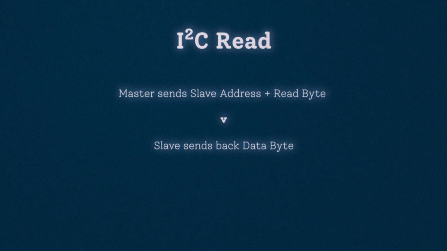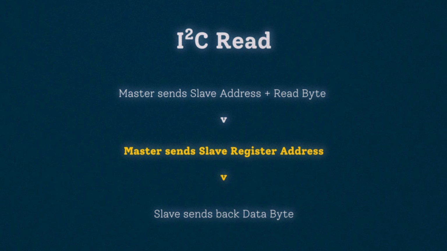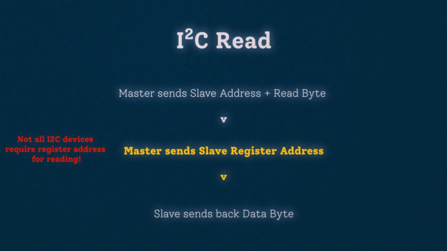If we were to, say, include the register address as a required input parameter to our read operation, it would make the I2C read operations more inflexible, since not all I2C devices have multiple registers, and even if they did, different devices might have different register address lengths.